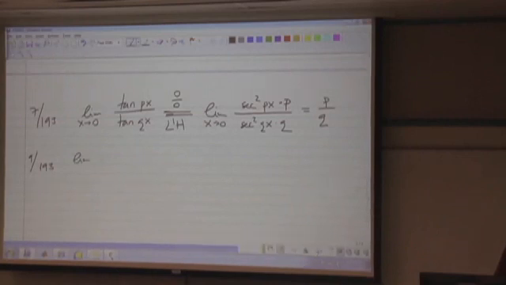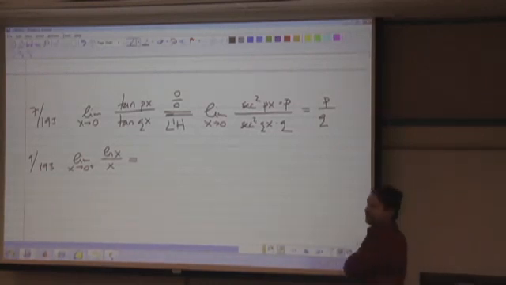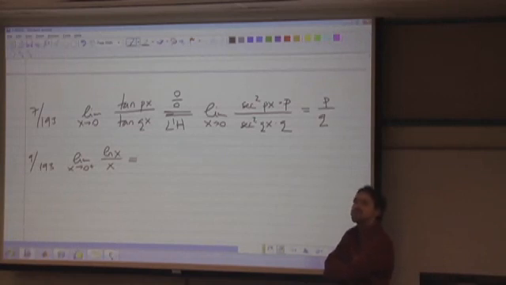The limit as x goes to 0 plus of ln of x over x. Negative infinity or 0, right? Exactly. This is why I said the first thing you want to do is see what situation you're in, and not all of a sudden jump to actually take derivatives.